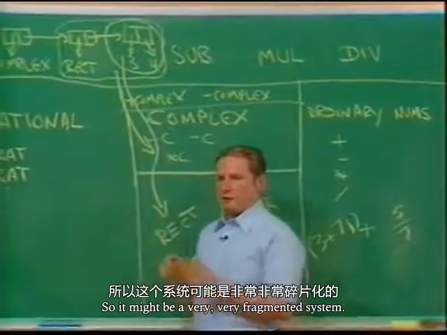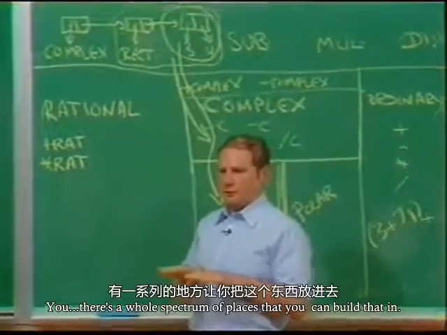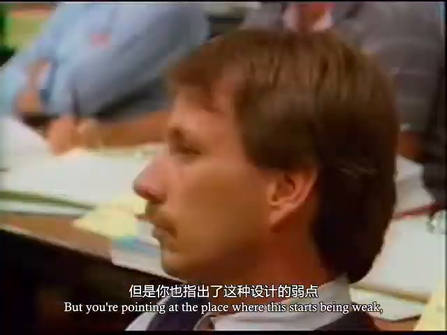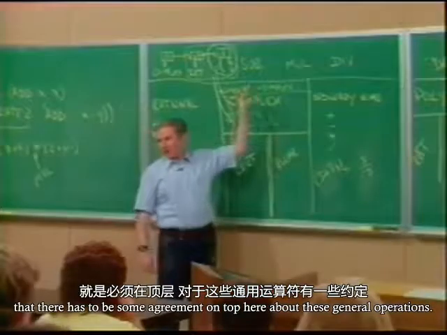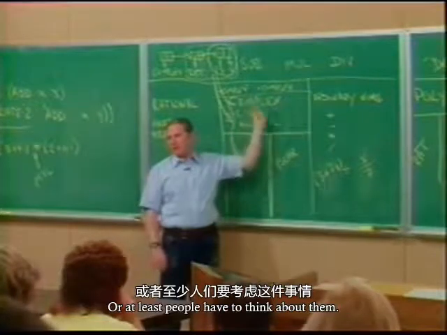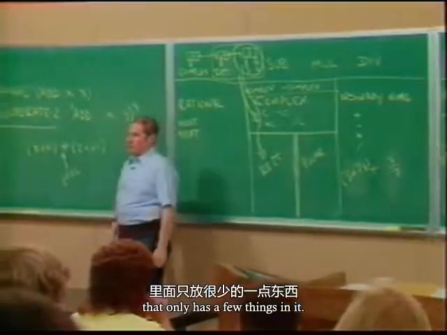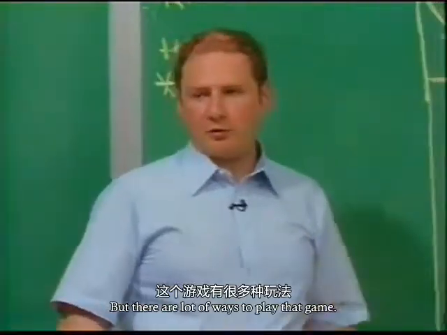So it might be a very, very fragmented system. And then depending on where you want your flexibility, there's a whole spectrum of places that you can build that in. But you're pointing at the place where this starts being weak, that there has to be some agreement on top here about these general operations, or at least people have to think about them. Or you might decide you might have a table that's very sparse, that only has a few things in it. But there are a lot of ways to play that game.